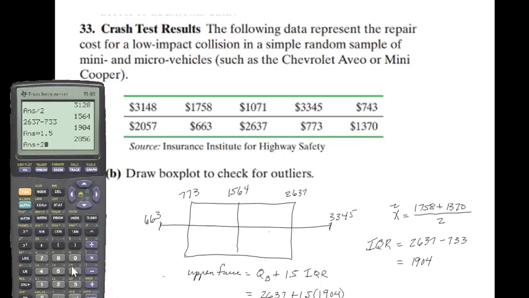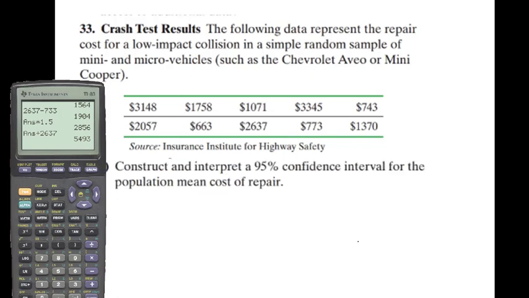That gives me 5493, and that's way past the upper limit, so I'm good. So there's no outliers, and it's kind of normally distributed, although if I go back it's a little bit skewed. All right, so let's keep going and carry on.